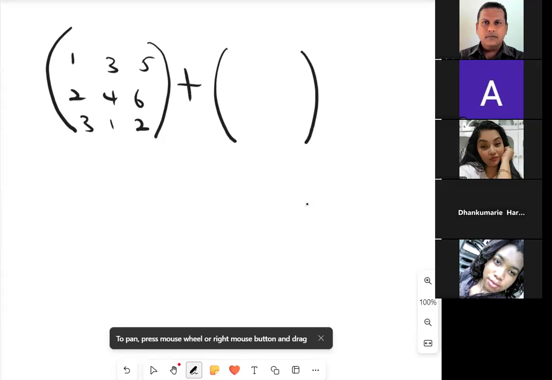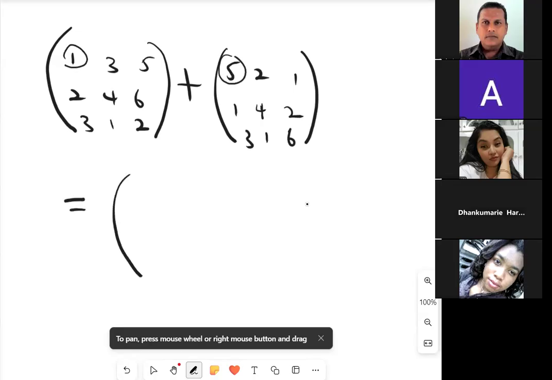First condition: you have to make sure that they are of the same order, same size, same dimension. Then you can add them. What do you do in addition? You just add corresponding terms.